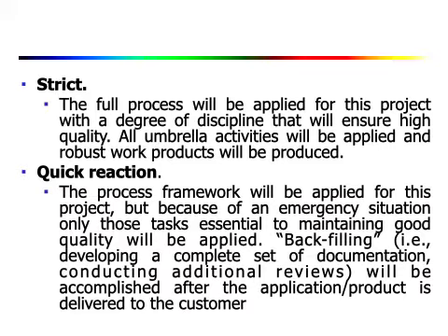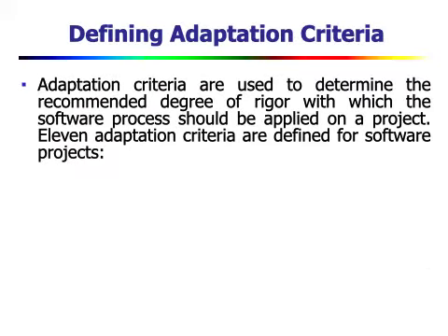Now we are moving into defining adaptation criteria. Adaptation criteria are used to determine the recommended degree of rigor with which the software process should be applied on a project. Okay, so there are basically 11 adaptation criteria that are defined for a software project.